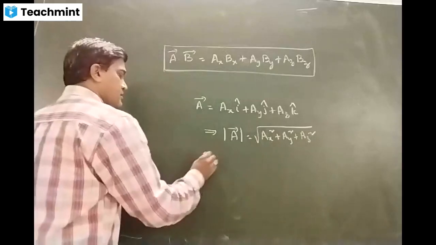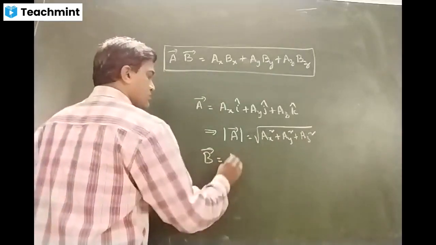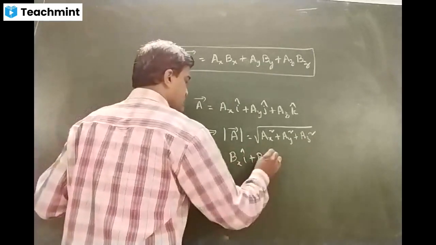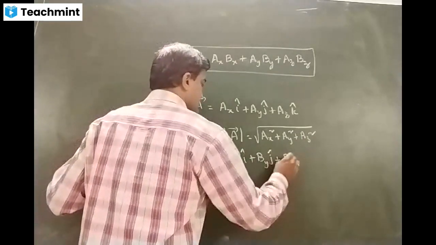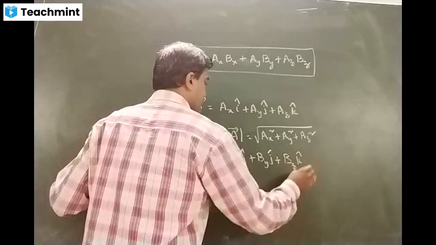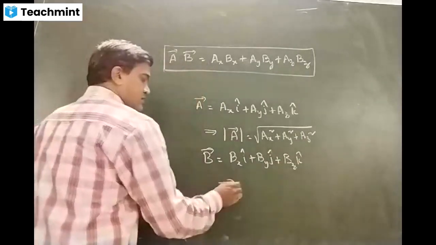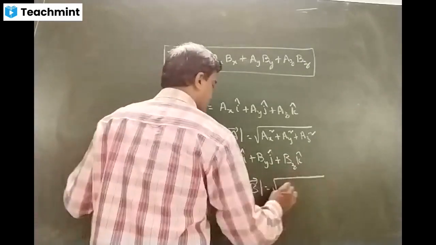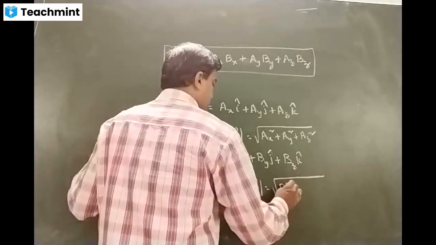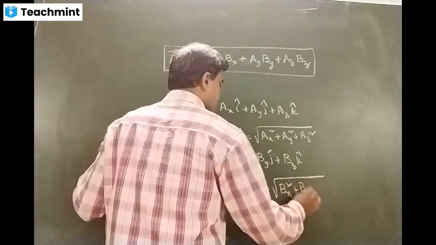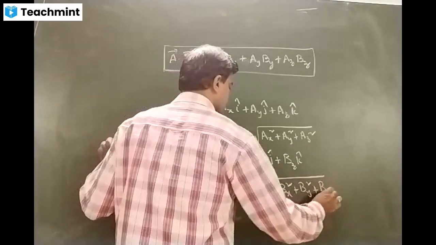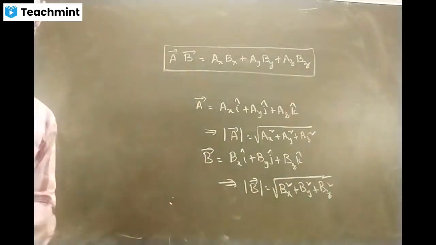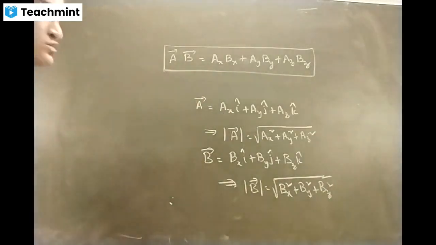Similarly, B bar is equal to BX I cap plus BY J cap plus BZ K cap. Then I can write the magnitude of B bar as square root of BX square plus BY square plus BZ square. Is it not?